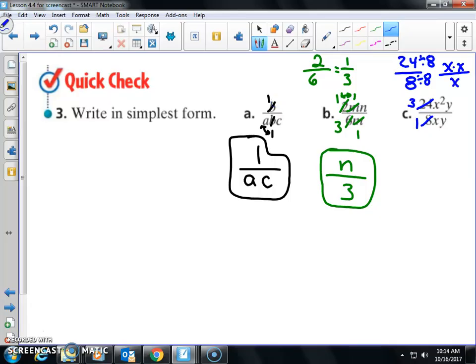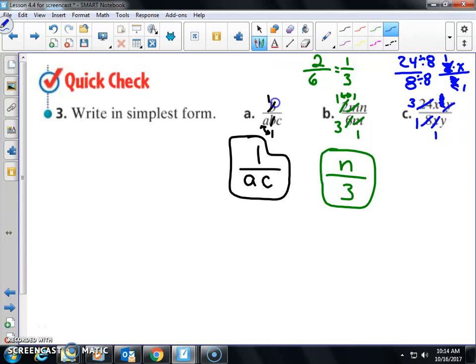Well, I know one of the x's from the top and one of the x's from the bottom can cross out and turn into 1s, which leaves me with an x left over on the top. So what I'm going to do is change this x on the bottom to a 1, and I know from simplifying up here that I have 1 times x on top, which is just plain x. So that means I got rid of one of those two x's, so I'm still left with an x.